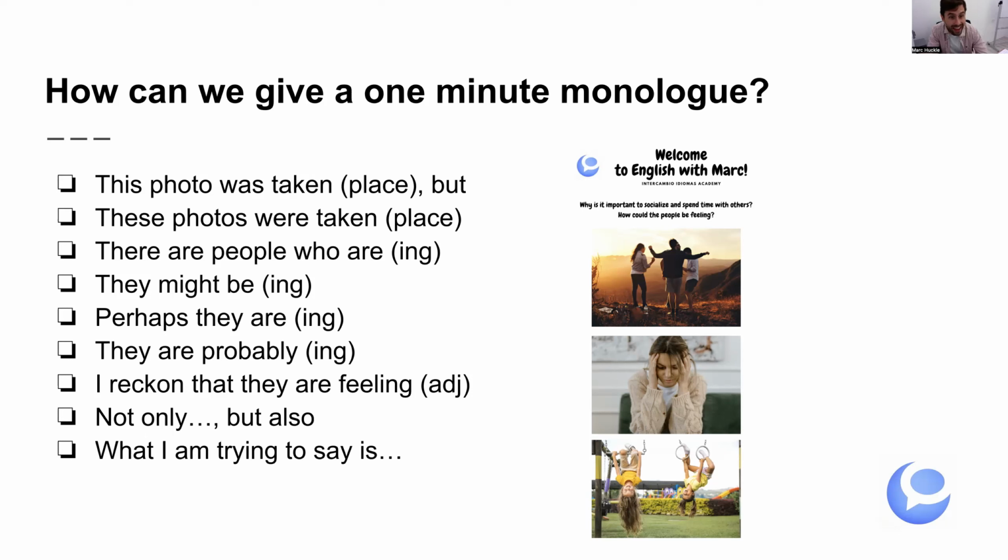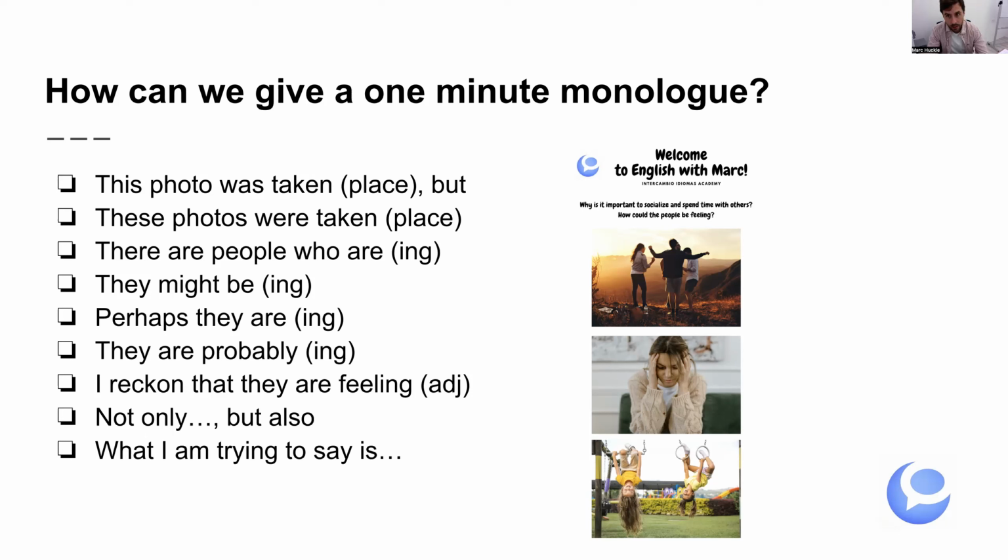In the photos, they are all probably feeling very different. In the first photo, I reckon that they are feeling very excited, very happy. Whereas in the second photo, I think she's feeling quite down. Maybe she's feeling under the weather.